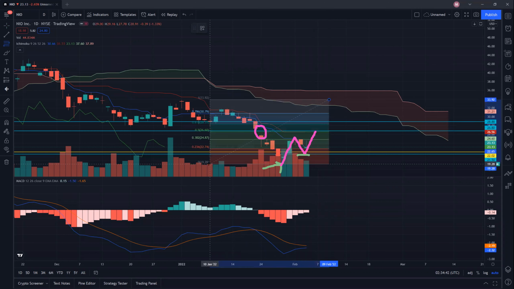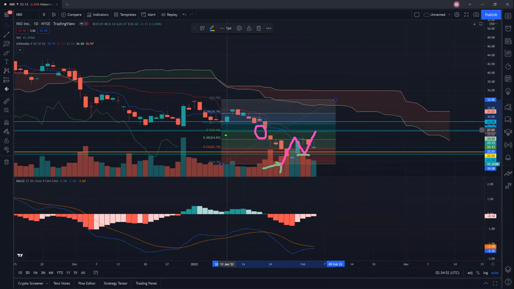Looking at the Fibonacci, you can see that at 28.30 to about 28.50, we can see some strong resistance here. That's where the market makers may come in and try to do a fake breakout. And then those who go long will try to come in, and that's where they'll slap you down.